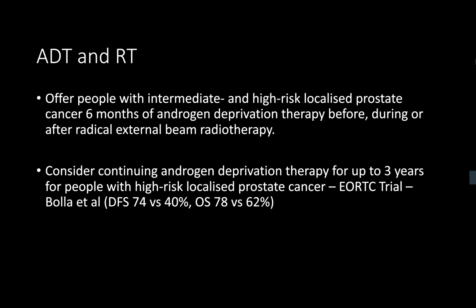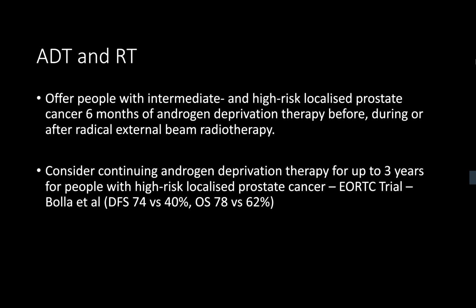And for high risk or locally advanced disease, if it is continued for 3 years, then survival is improved, and biochemical recurrence is improved as well.